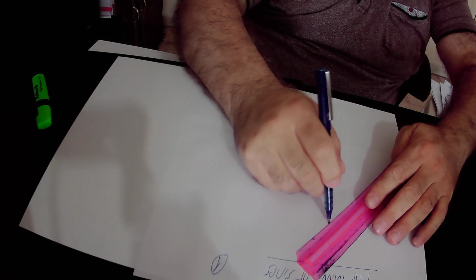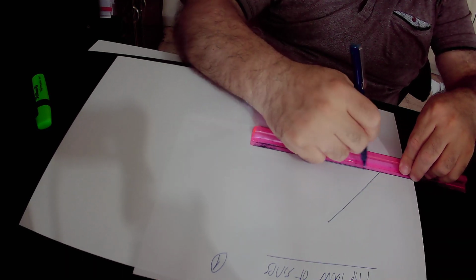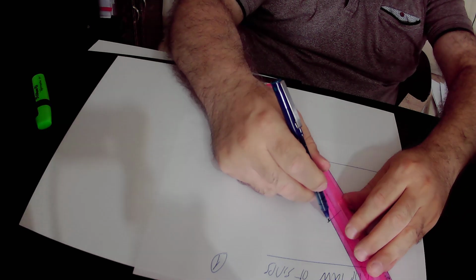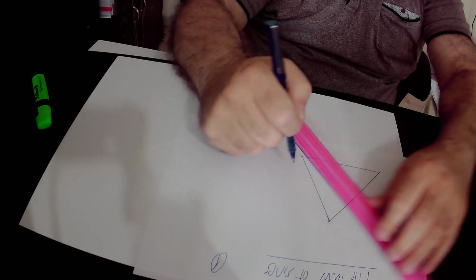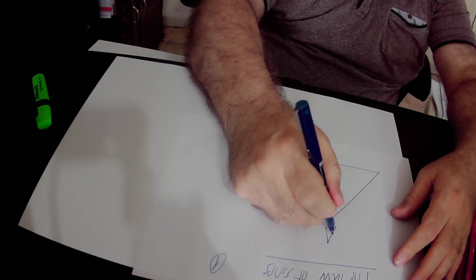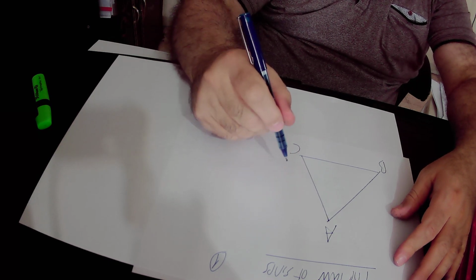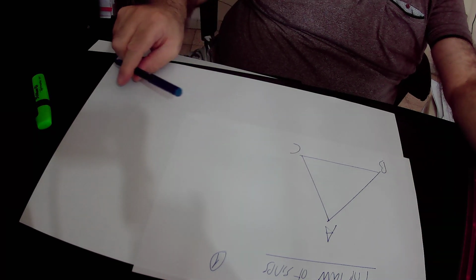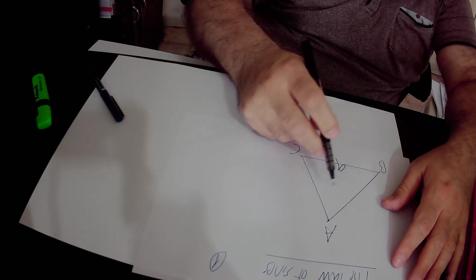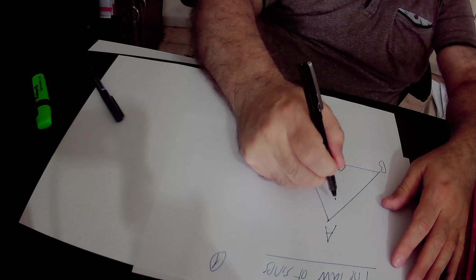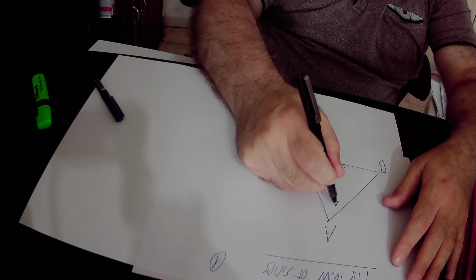So if we have triangle ABC that could be any triangle, this is triangle ABC. Side BC equals a units. Angle BAC equals capital A degrees in its size.